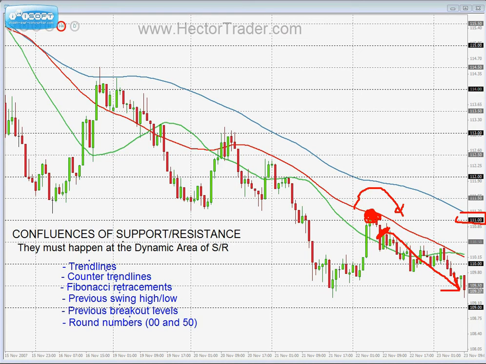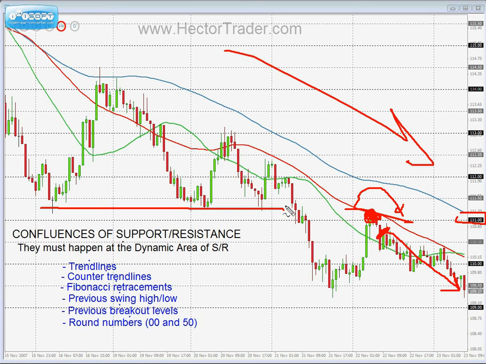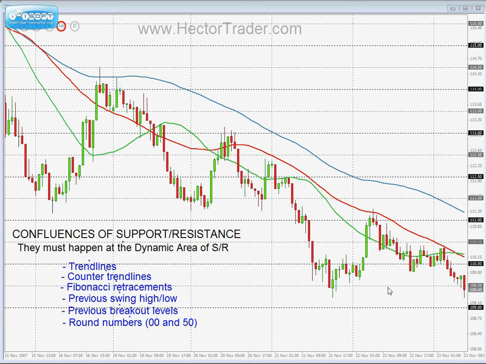You have many elements backing up your short position, many elements of resistance in a downtrend within the dynamic area of support and resistance. As price begins to turn around, if you trigger short entry, you're gonna have, I don't know, 70 to 30 probabilities on your side. You are definitely trading a high probability trade.